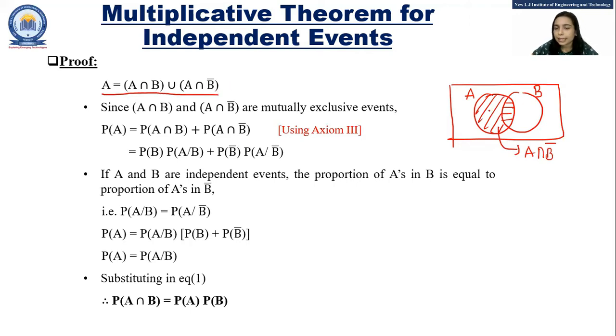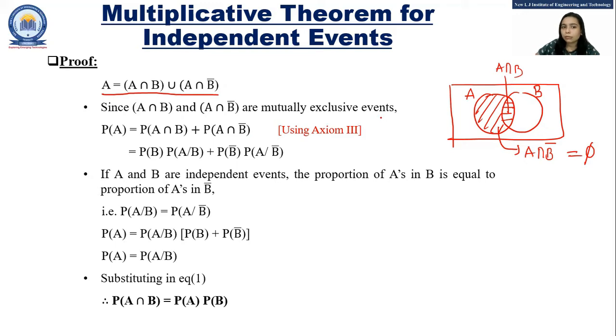Now you can see that the intersection between A intersect B and A intersect B bar is phi. So we can say that A intersect B and A intersect B bar are mutually exclusive events.